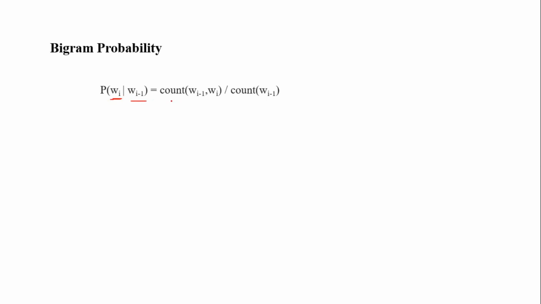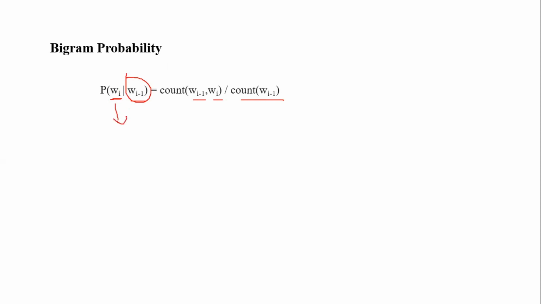You can write it as count of Wi minus 1 comma Wi divided by count of Wi minus 1. So here we calculate the probability of a word given the last word. Wi minus 1 is the previous or last word and Wi is the next word.